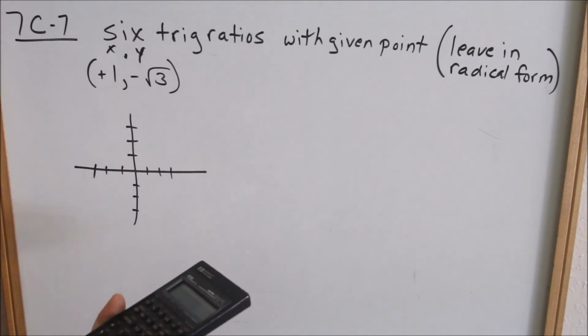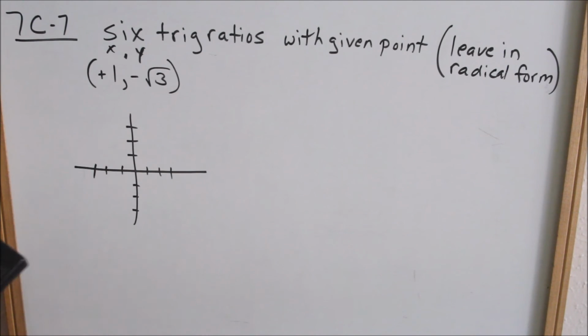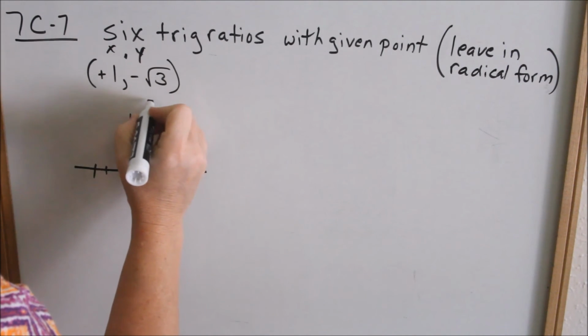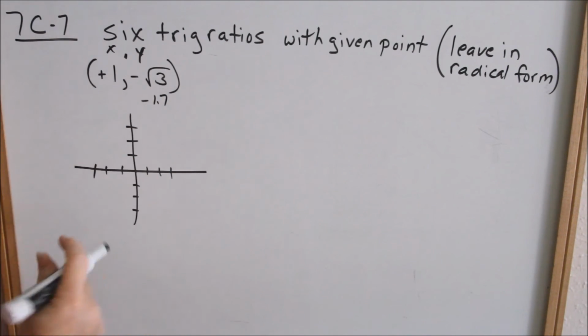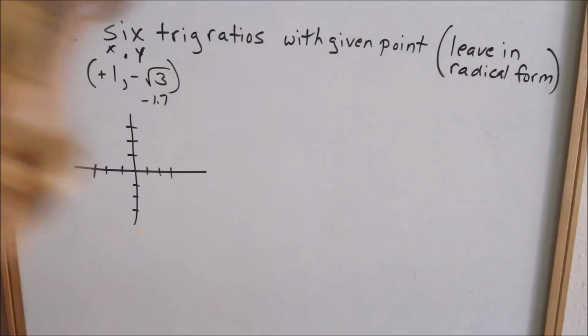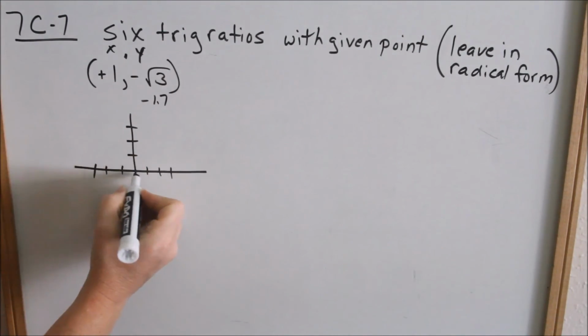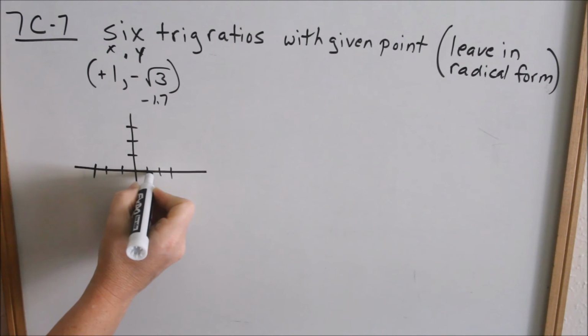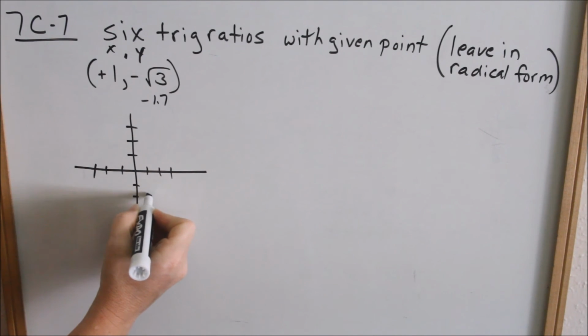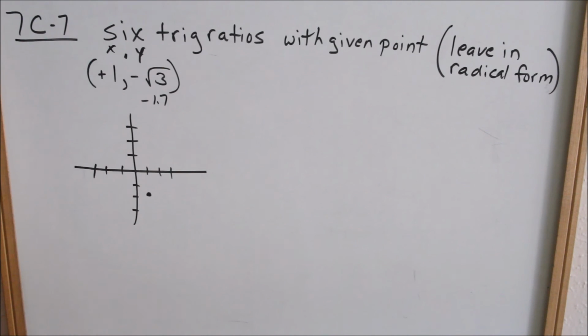So just for graphing purposes, that is the same as negative 1.7. Okay, I'm only changing it into a decimal for graphing purposes. So going over in the positive 1 X direction, then down 1.7 gives me a point about right there.